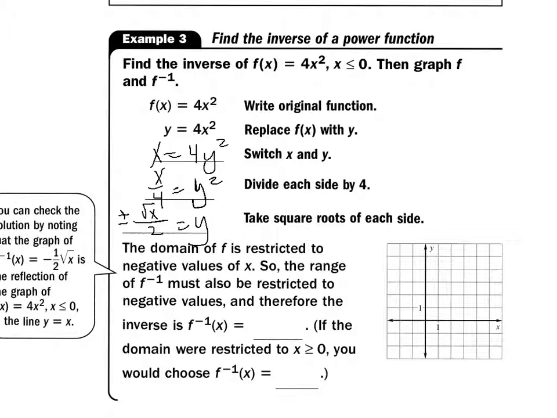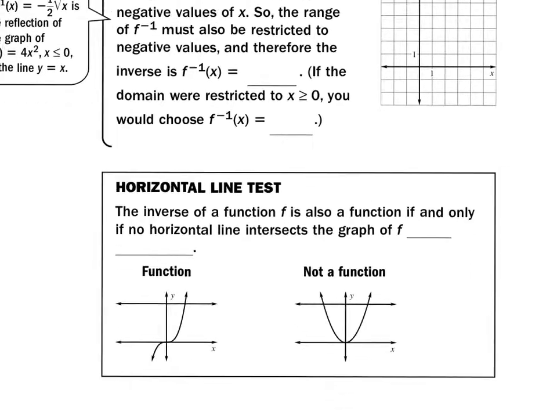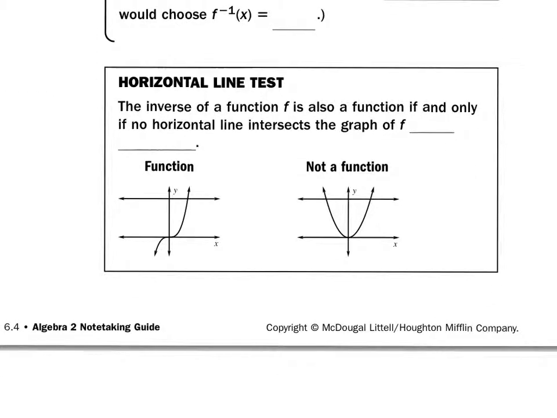Okay, let's go down to the horizontal line test. The inverse of a function f is also a function if and only if no horizontal line intersects the graph of f in 2 places.